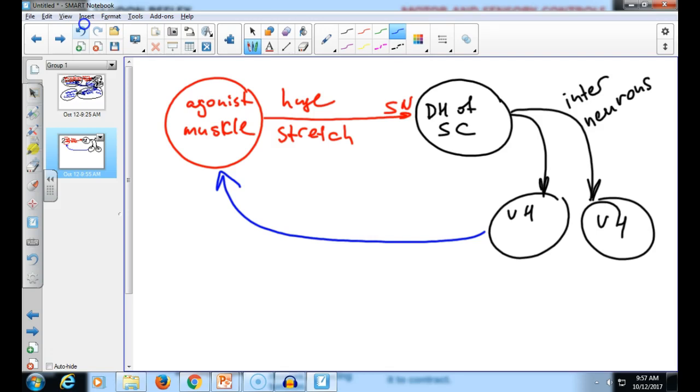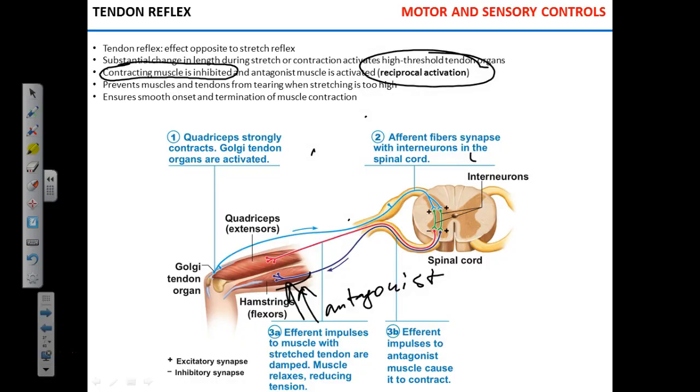Inhibition, which means in terms of the muscle activity, relaxation. Jacques, question? Yeah, those are just ventral horn. I'm just saying that that's all ventral horn. You see just two interneurons. Yes. Two green ones. Okay. That's the only reason why I put two ventral horn things there.